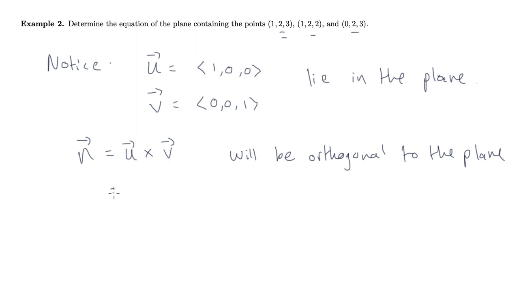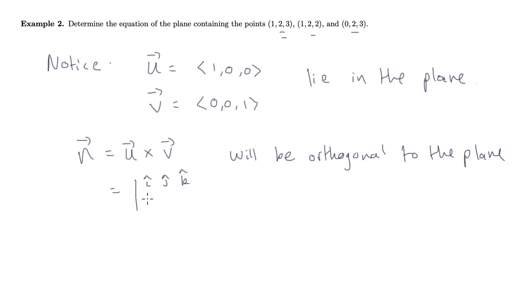And so what is u cross v? Well, there's only going to be one component that's not 0, and that's going to be exactly the j component. So let's just write it down.